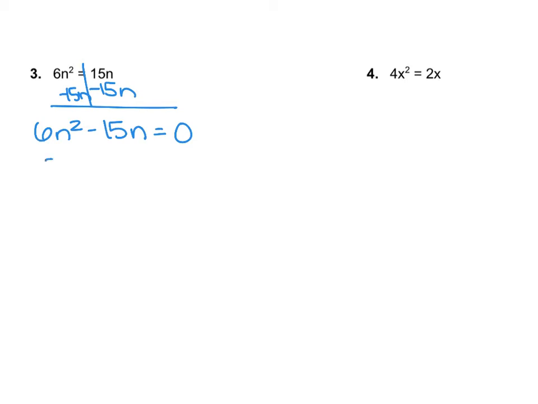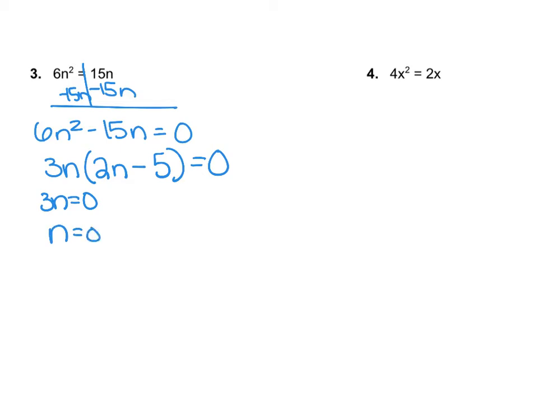It looks like we can factor out a 3 and an n, which leaves me with 2n minus 5 is equal to 0. So we have 3n is equal to 0, so n is equal to 0. Or let's do our 2n minus 5 is equal to 0. We add 5 and divide by 2, and n is equal to positive 5 over 2.